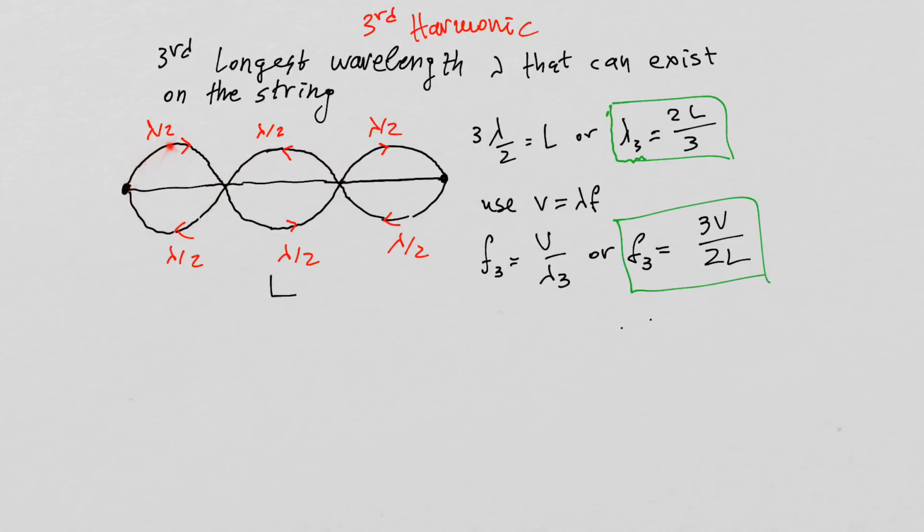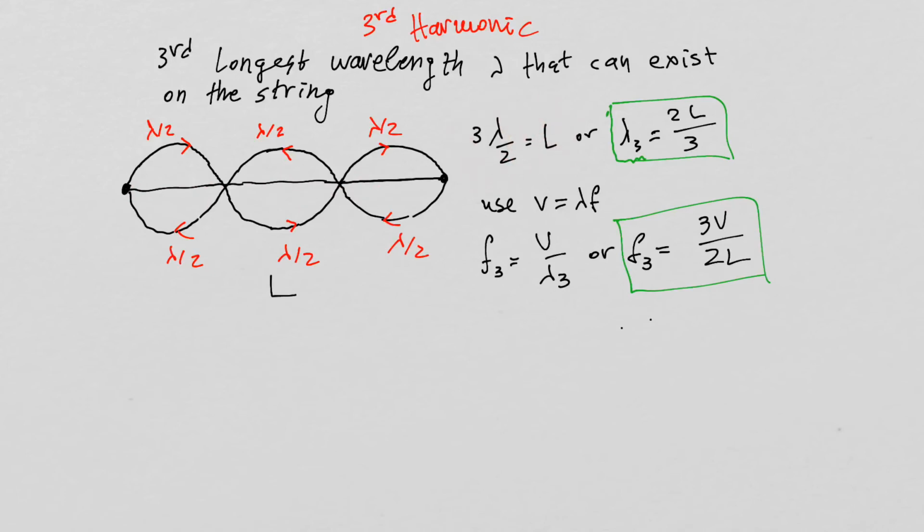And so then each branch of the wave on the string has length lambda over 2. And so we can see here that we have 3 times lambda over 2 fitting the entire length of the string. So 3 lambda over 2 is equal to the length L.